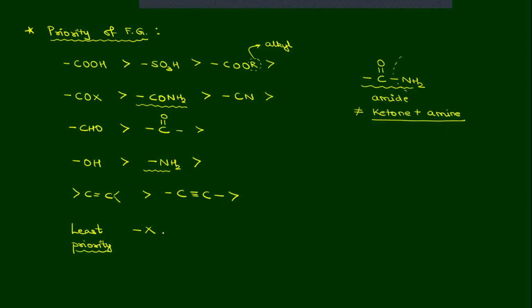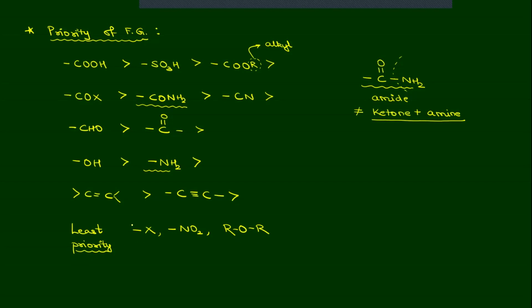What is X? The fourth one, halides. NO2, nitro compounds, and ROR, ethers.